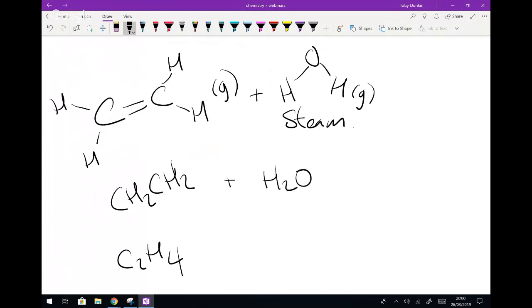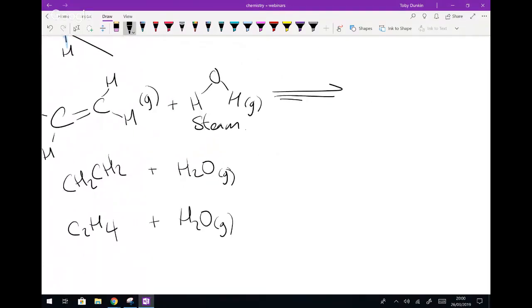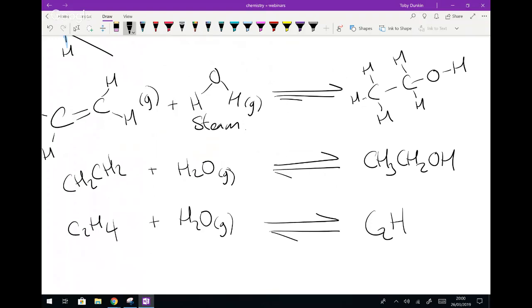Add H2O, and that must have a state symbol of g. It must. And what am I now going to make? Notice it's in equilibrium. This is the only equilibrium that you need to know for GCSE chemistry. But that doesn't mean they're not going to ask you for others. I'll mention Haber shortly. Okay, so there's our ethanol coming out. The structural formula is CH3CH2OH, and the molecular formula is C2H5OH.